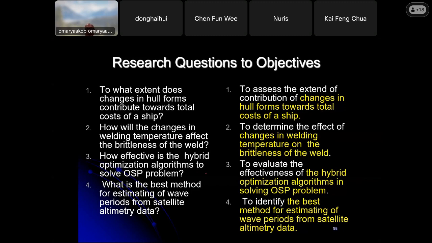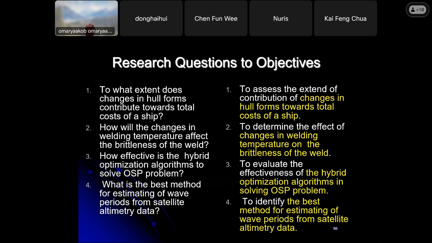Okay. This question was not there earlier. So to evaluate how effective is it, then you evaluate the effectiveness. Okay. And then since this one is what is the best method, then you identify the best method. You see, this is very important to make sure that the research questions and objectives are met, they are related.